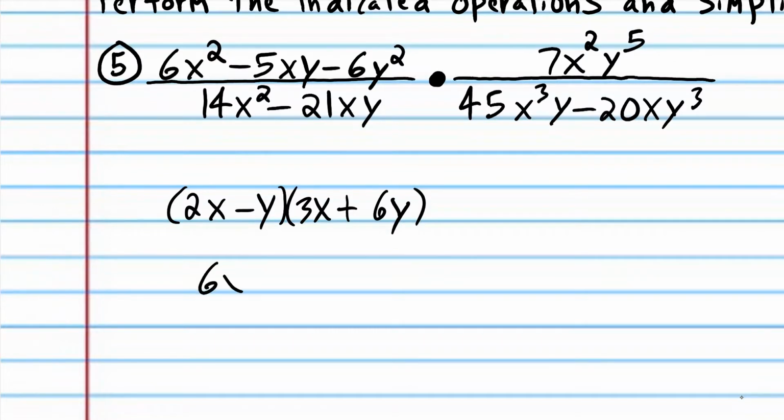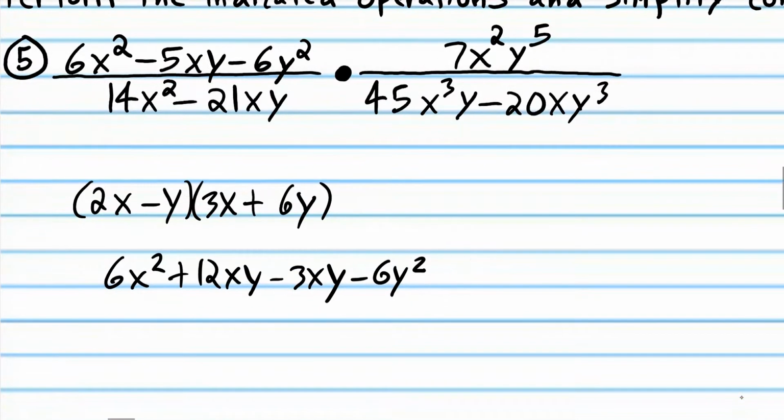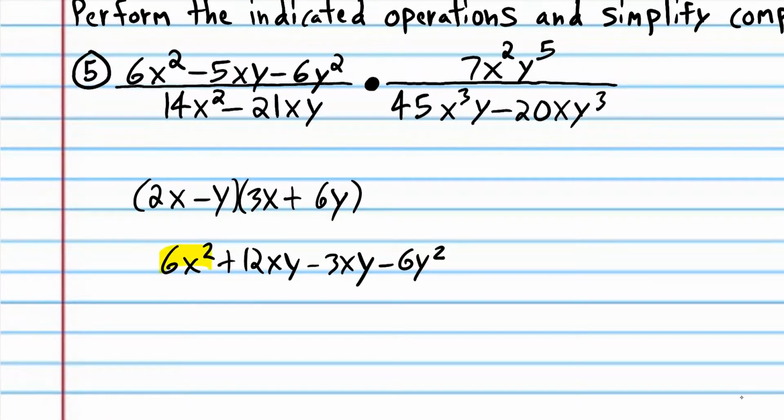So F of foil, O of foil, I of foil, and L of foil. So now we know, again, that F is going to work, and we know that L is going to work because we designed it that way. The question is, do the inner terms add up to negative 5xy? And the answer is they don't. 12xy minus 3xy is 9xy. So that didn't work.